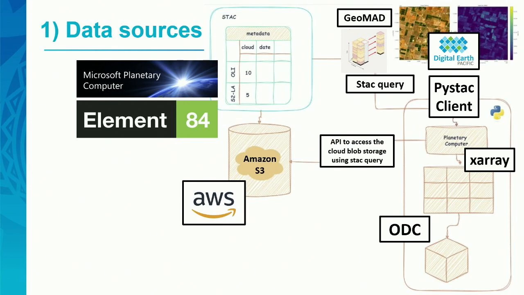And this is ingested as a STAC item or a STAC collection within Digital Earth Pacific on Amazon Web Services. So basically, we use ODC, Open Data Cube, queries to access different satellite images and use those as our main data source for this work in xarray.